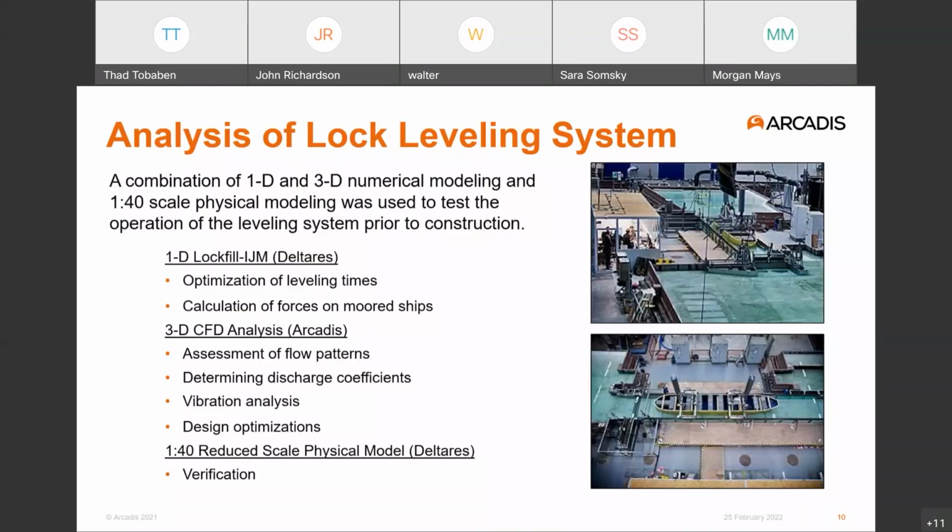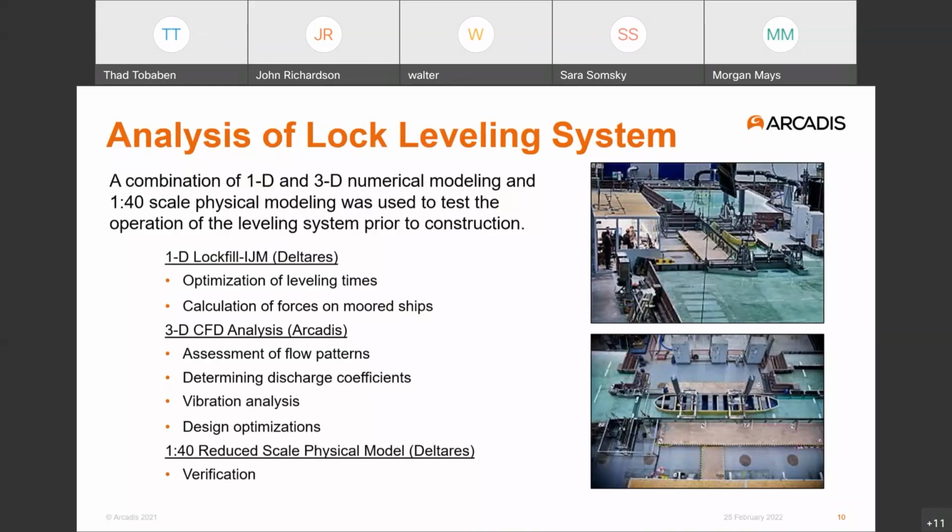And then, more importantly, to carry out 2 additional smaller analyses. One, to answer specific design questions of the sluice gate, how it should be shaped, how the braking bars should be designed, and then to answer questions about vibrations that could develop within the door as a result of the flow through it.